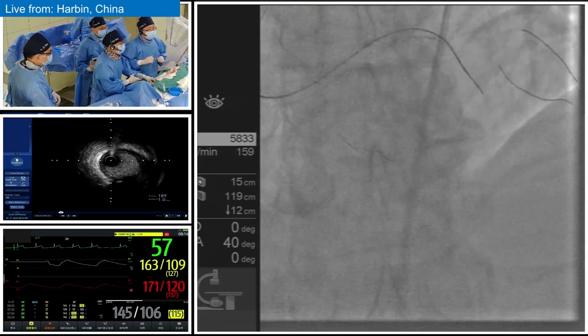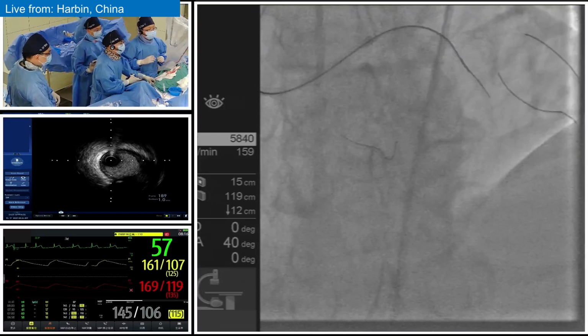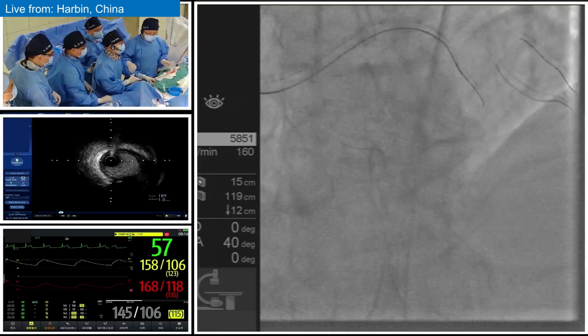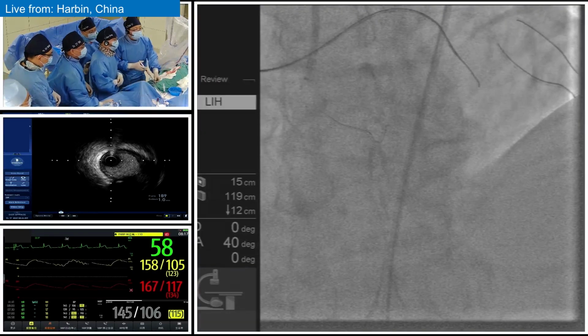Also, like Professor Li just did, we used a dual lumen microcatheter to help perform the antegrade wire escalation approach.